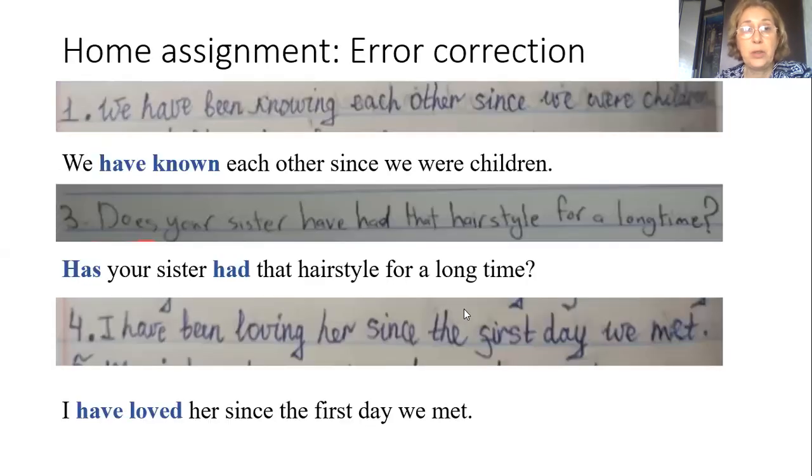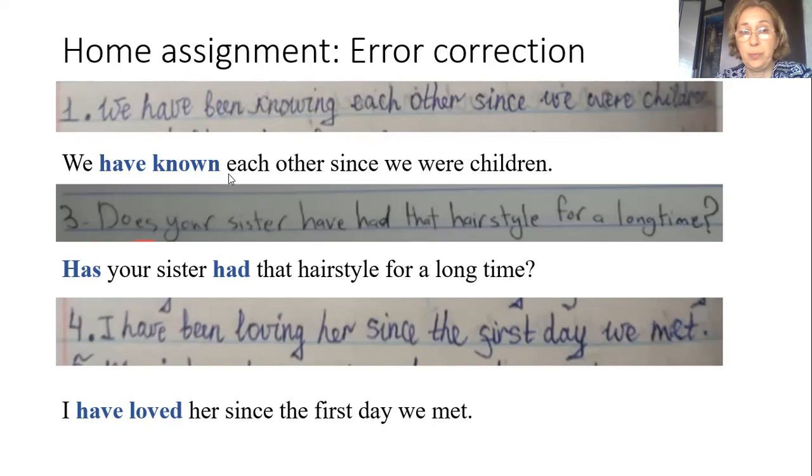The second exercise was about the use of present perfect or present perfect continuous. Here is an example: we have been knowing each other since we were children. Know is a word which is not used in continuous form. That is why it's better to say we have known each other since we were children.